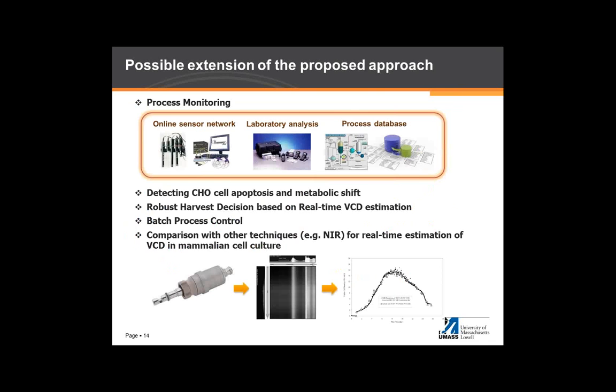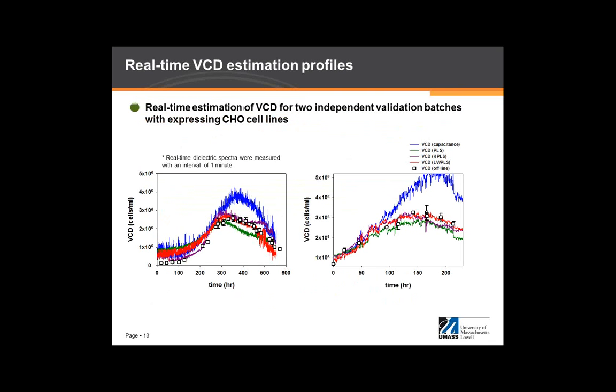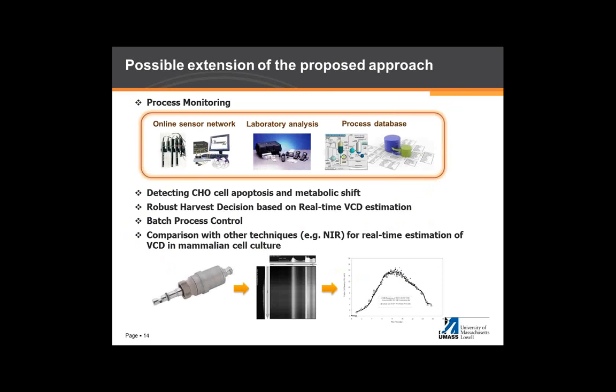Okay, so that's our summarizing slide that's demonstrating all the research work we've done so far. And then based on this good matching result, we thought about what might be the possible extension of this proposed approach. Number 1, for the current dielectric spectroscopy technology, its application was in some sense limited.